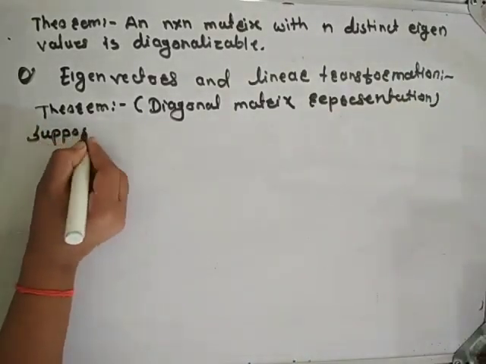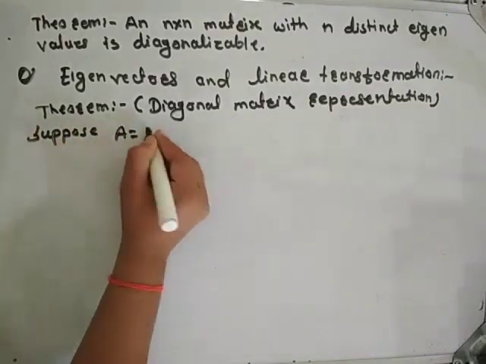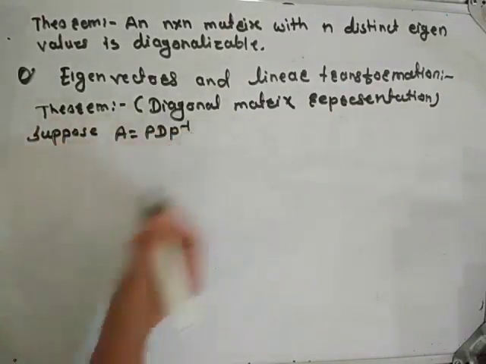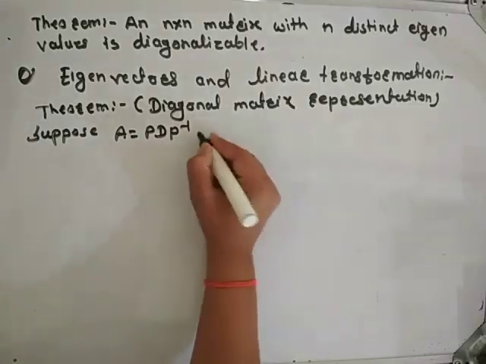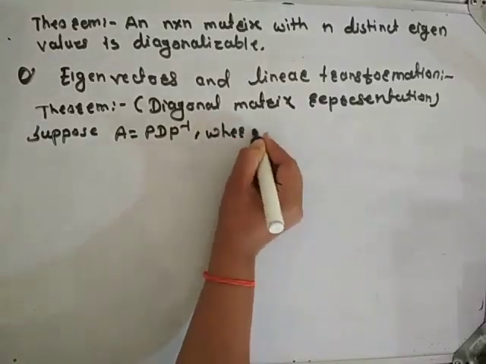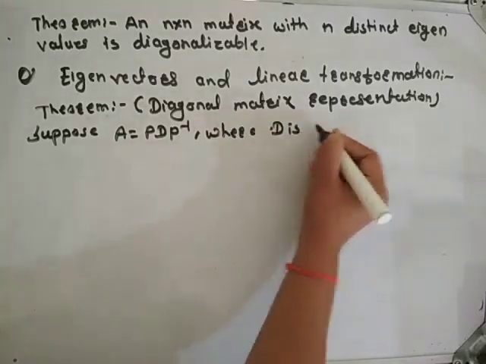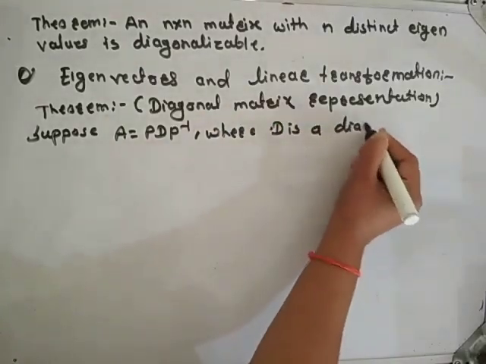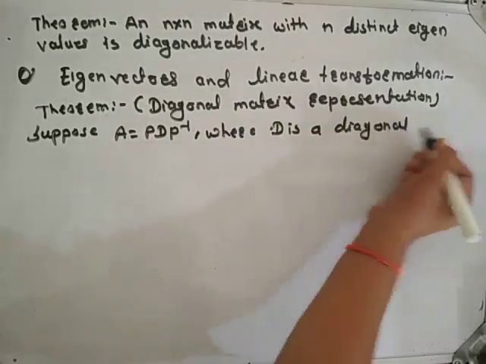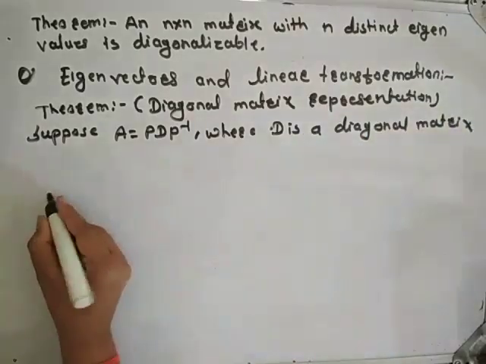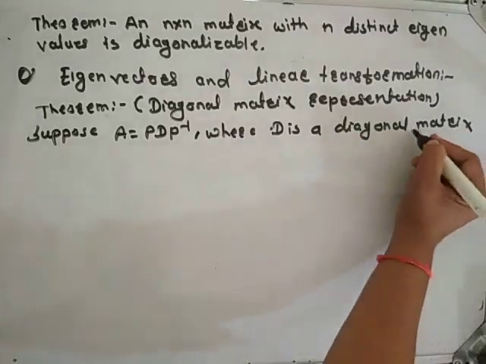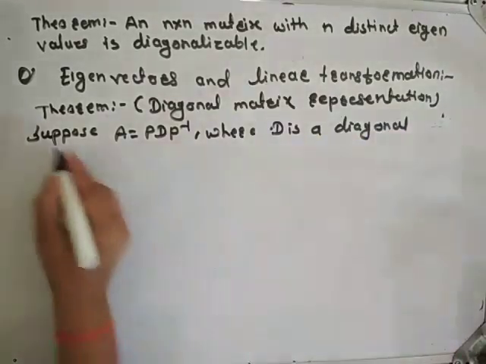Suppose A equals PDP inverse, where D is a diagonal n by n matrix.